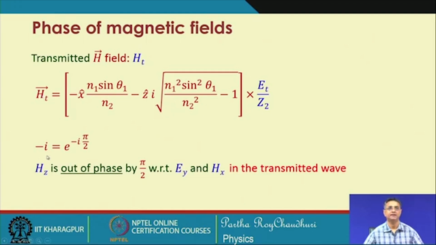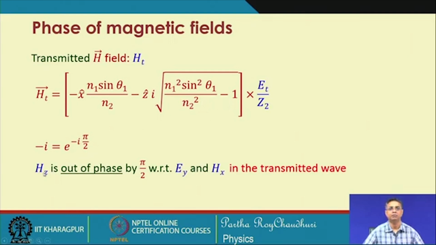But minus i can be written as e to the power of minus i pi by 2. So, this is the x component of the magnetic field in the transmitted wave, and this is the z component of the magnetic field in the transmitted wave. The z component means along the interface direction.